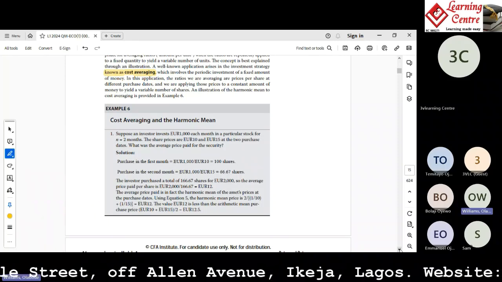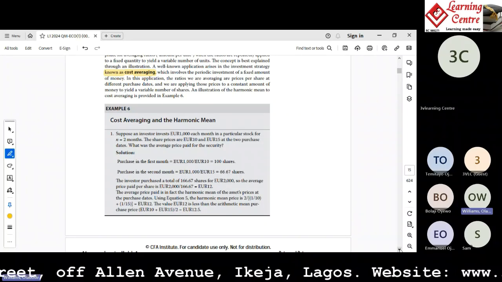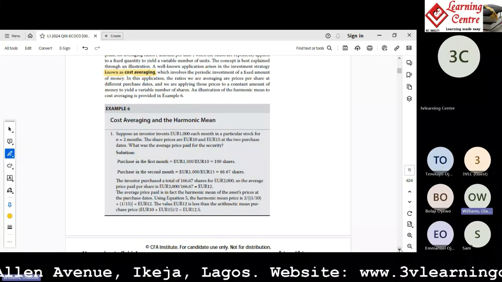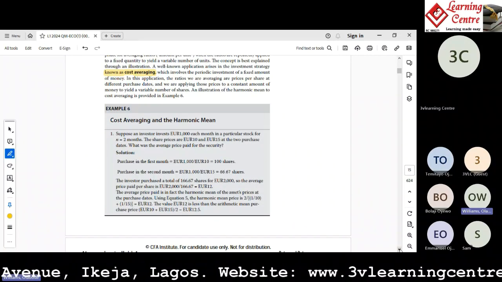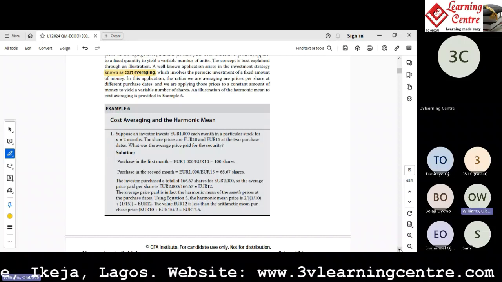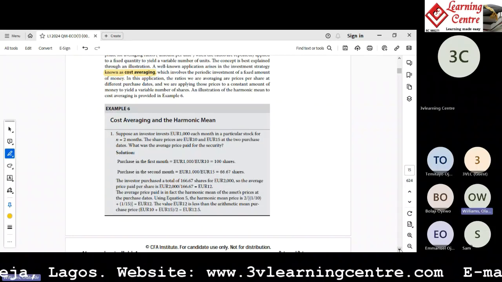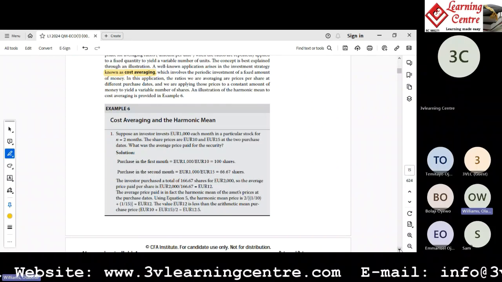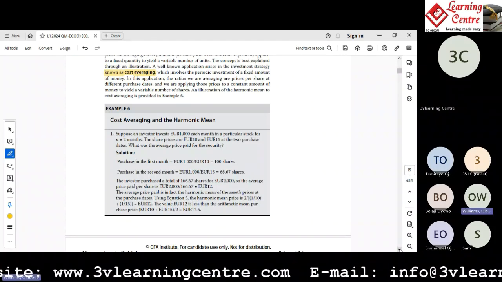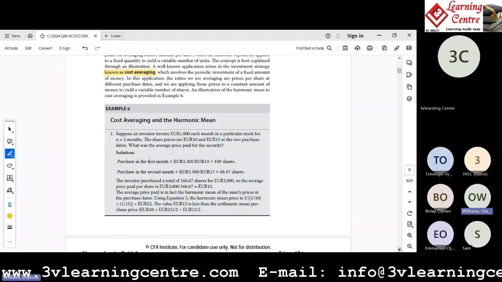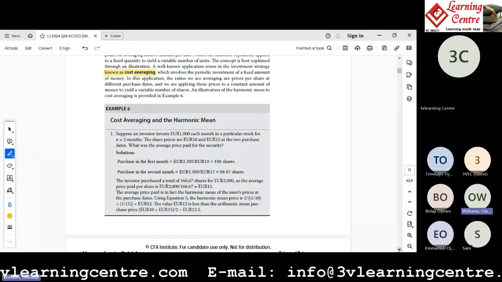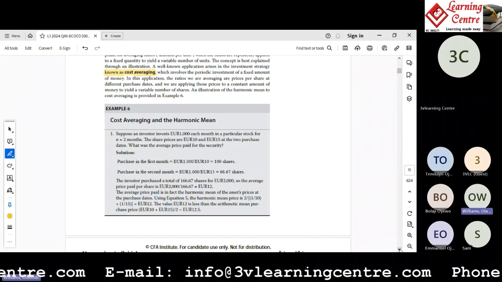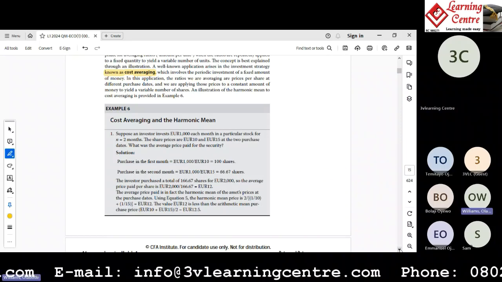So in total, the investor would have purchased a total of 166.67 units, having spent 2,000 naira to get that. So the average price paid per share will be 12 naira. Which means when you divide the total amount you've spent by the total shares you have, the average cost of each unit will be 12 naira.